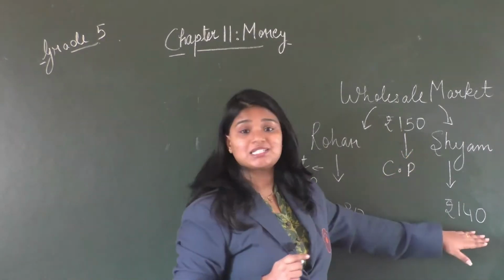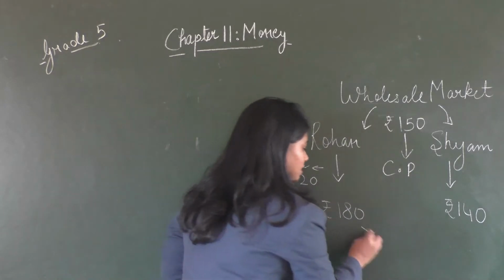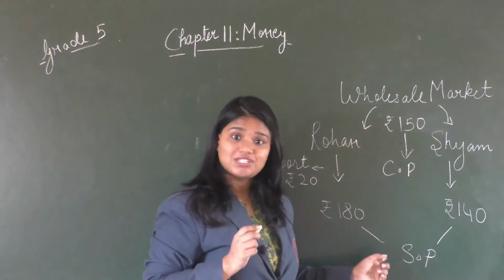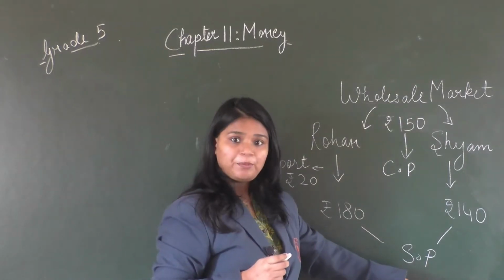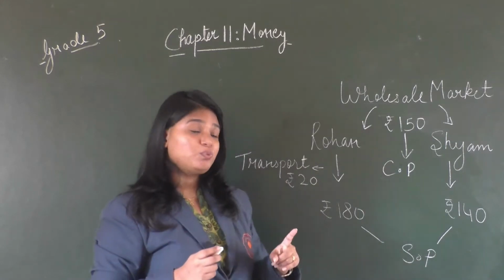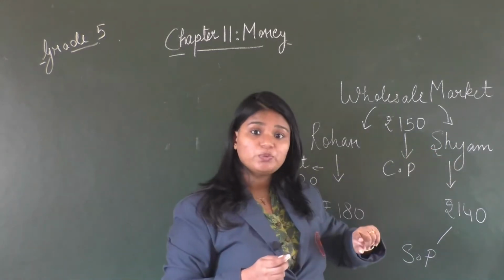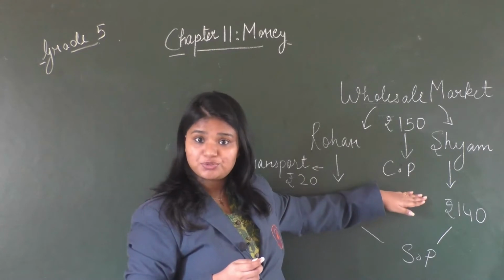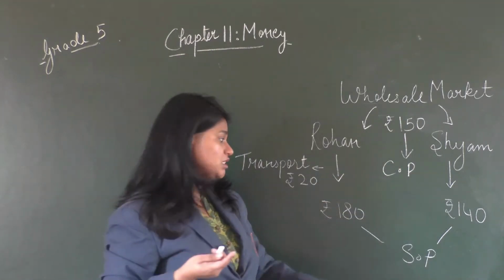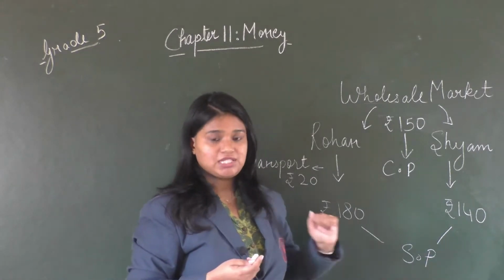So these two prices are known as the selling price, or we write it as SP. S is for selling and P is for price. So the amount at which Rohan and Shyam bought the vegetables is known as the cost price, and the amount at which they further sell the vegetables is known as the selling price.